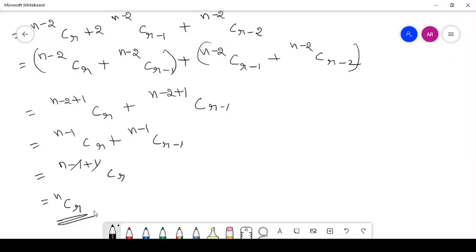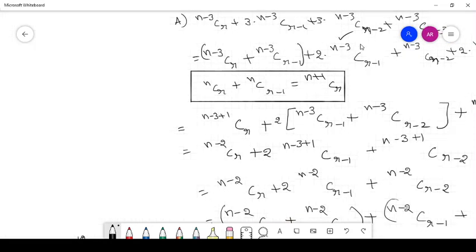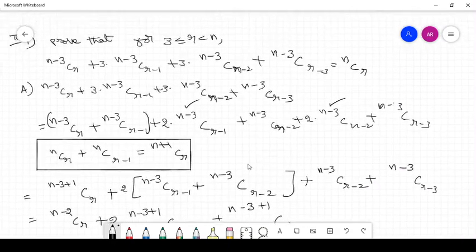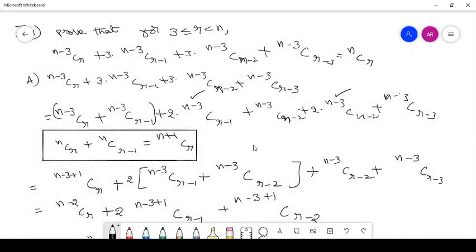Okay. Here, this is the important problem. Given that nCr plus 3 into n minus 3 C r, let us take the 3 as 1 plus 2. 1 plus 2 is 3. This term is also here. We are using nCr plus nCr minus 1 is n plus 1 Cr.